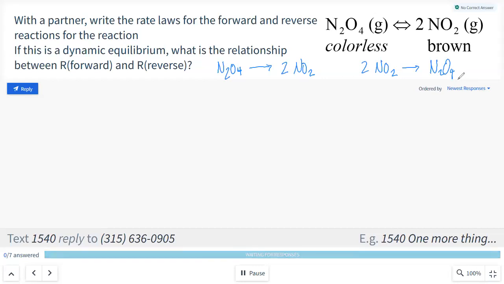Write the rate laws, assuming these are elementary reactions, for the N2O4 conversion, which we will call forward, and for the NO2 reaction, which we will call reverse. Just write that out on a piece of paper somewhere. In Top Hat, tell me what the relationship is between those two rates.